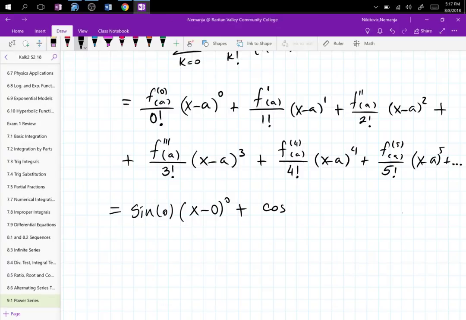Okay, so we do cosine computed at 0 divided by 1 factorial is 1, and then we have again x minus 0, and now it's to the first power. Plus, the next one is negative cosine computed at 0 times... No, isn't it negative sine? Yes, thank you.